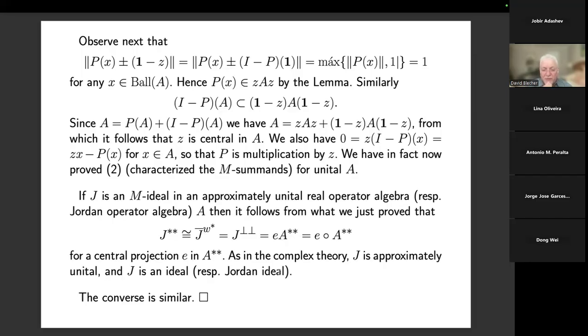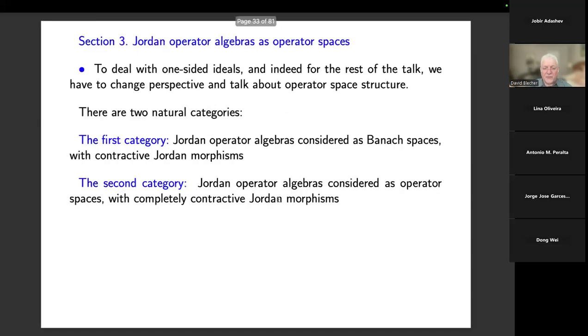That just follows by weak star continuity arguments, and J is approximately unital because its bidual is unital. And the converse is similar to this previous paragraph. So that is the main part of the proof of the theorem.